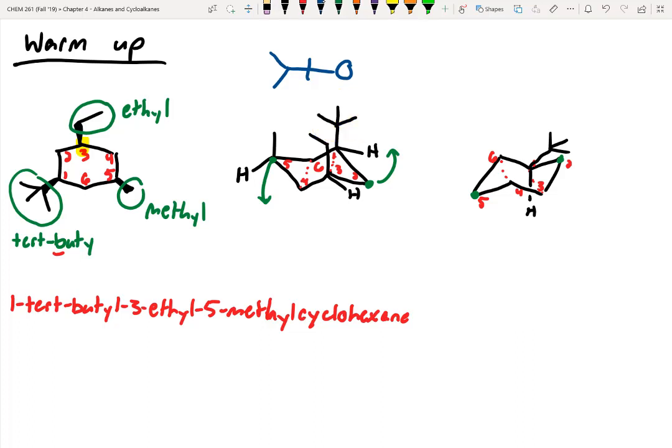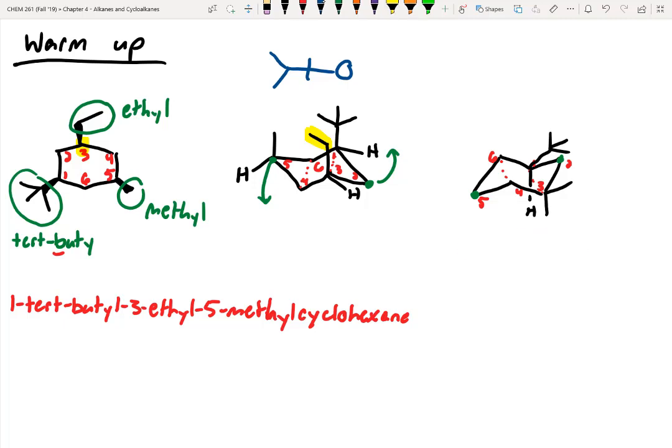Now we go to carbon 3. Carbon 3 again has an axial and equatorial substituent. If we go back to our first chair structure, the ethyl group was sticking up closer to our eye in an axial orientation. What about in our second structure? Where should it be?